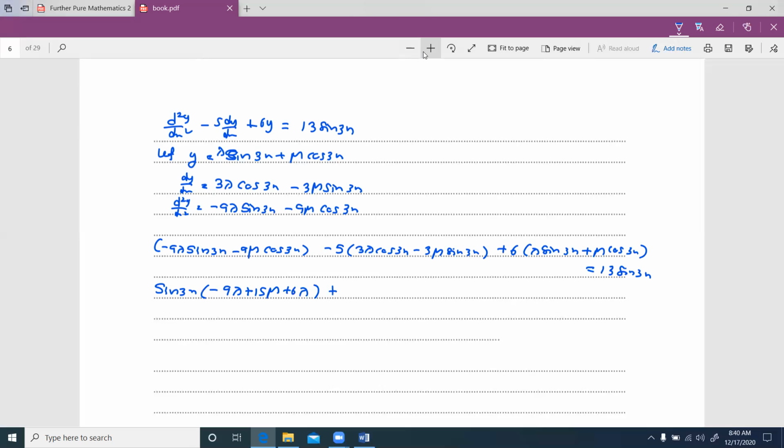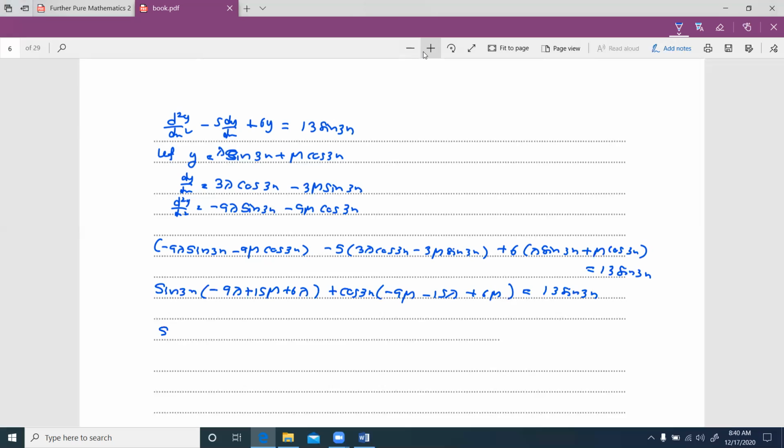And if you get the cos 3x terms, cos 3x terms refer to minus 9 mu minus 15 lambda plus 6 mu. This is equal to 13 sine 3x.